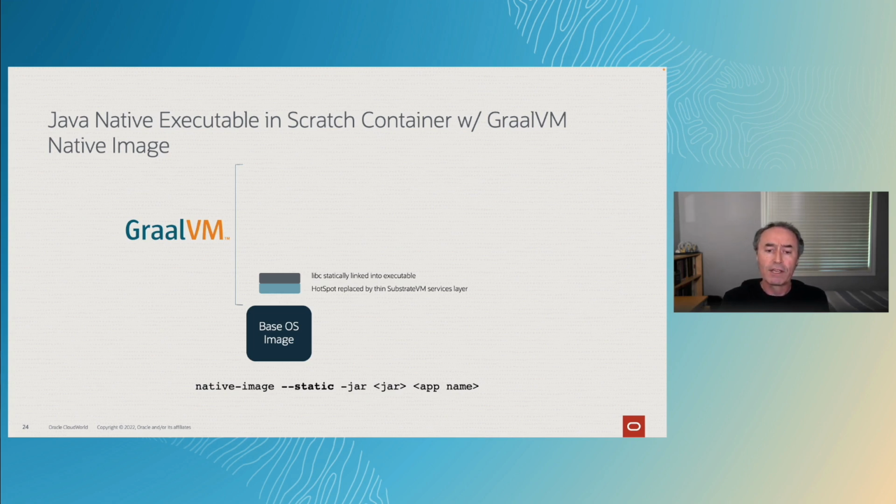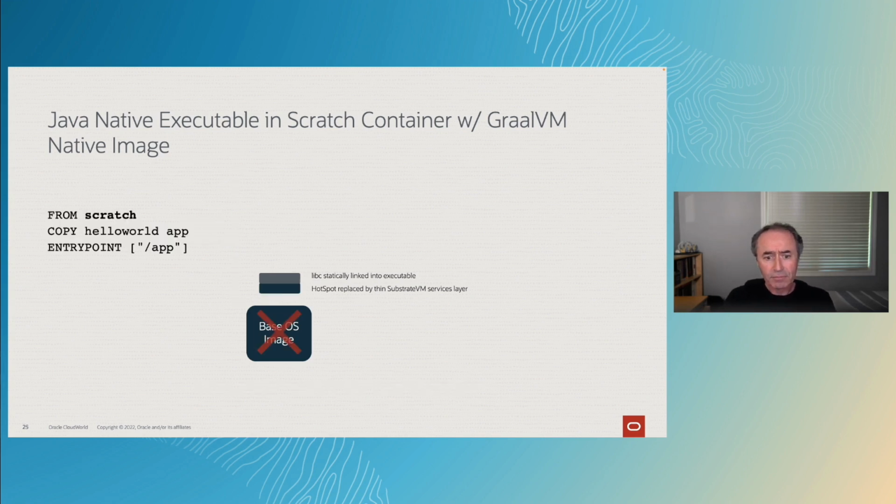And at the bottom level here, the HotSpot VM is basically replaced in a native executable by a thing we call Substrate VM. It's the thin layer of services. It starts the garbage collector. It provides all the services that the JVM provides to your application, but in a fairly thin, light manner. So what I'm going to do is take this self-contained binary at this point and put it into a Scratch image.